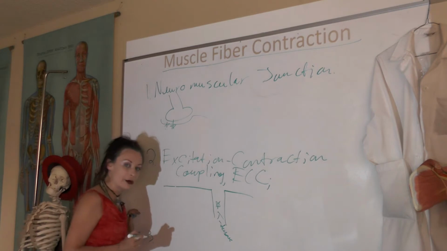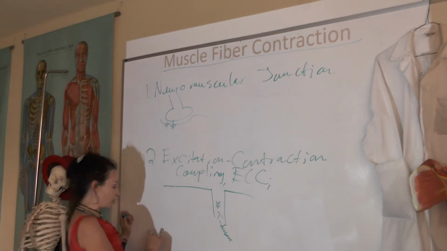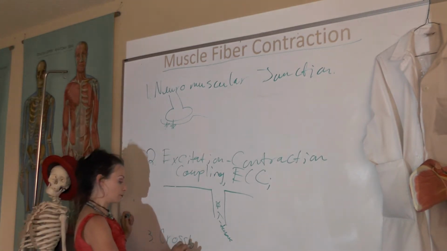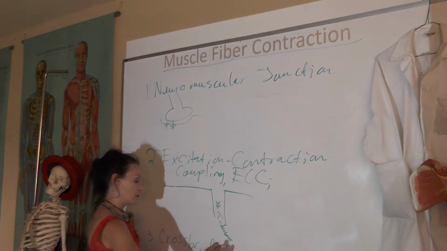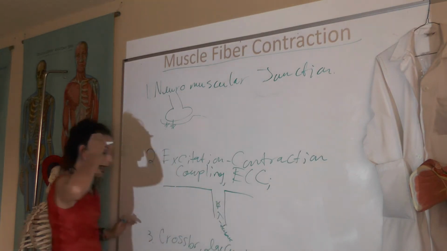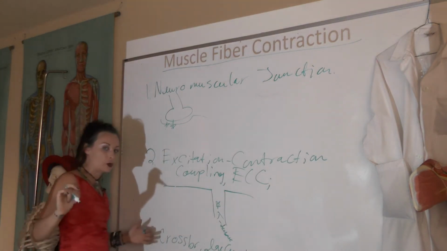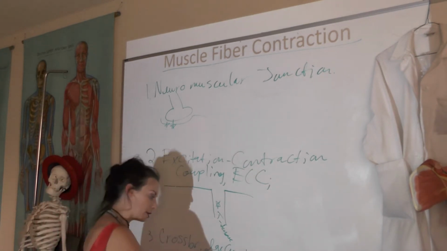And then the third event is the cross-bridge cycle. And the cross-bridge cycle is happening at the anatomical location we just met, the sarcomere.